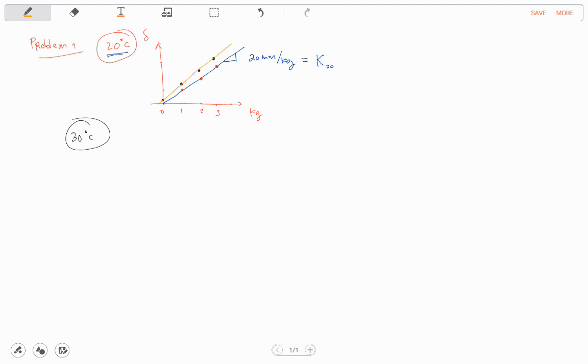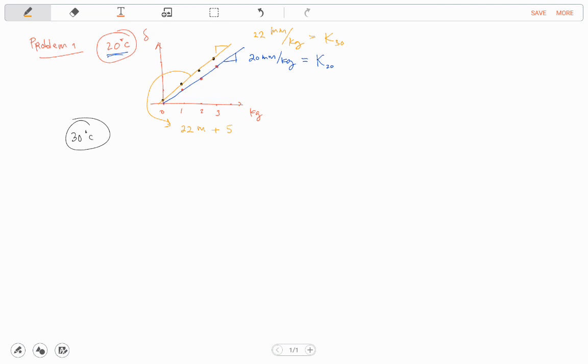The slope, the gradient, the sensitivity for 30 centigrade will be 22 millimeter per kilogram, where the linear equation of this will be 22 times the load plus 5.